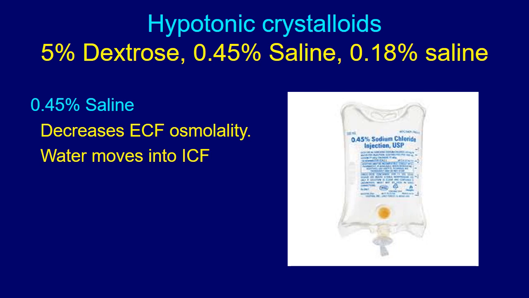If you consider 0.45% saline, why do we call it half normal saline? Normal saline is 0.9%, so this is 0.45, which is half of that. When infused, since it is hypotonic, it will decrease the extracellular fluid osmolality, and therefore water can move into intracellular fluid, which has a higher osmolality.